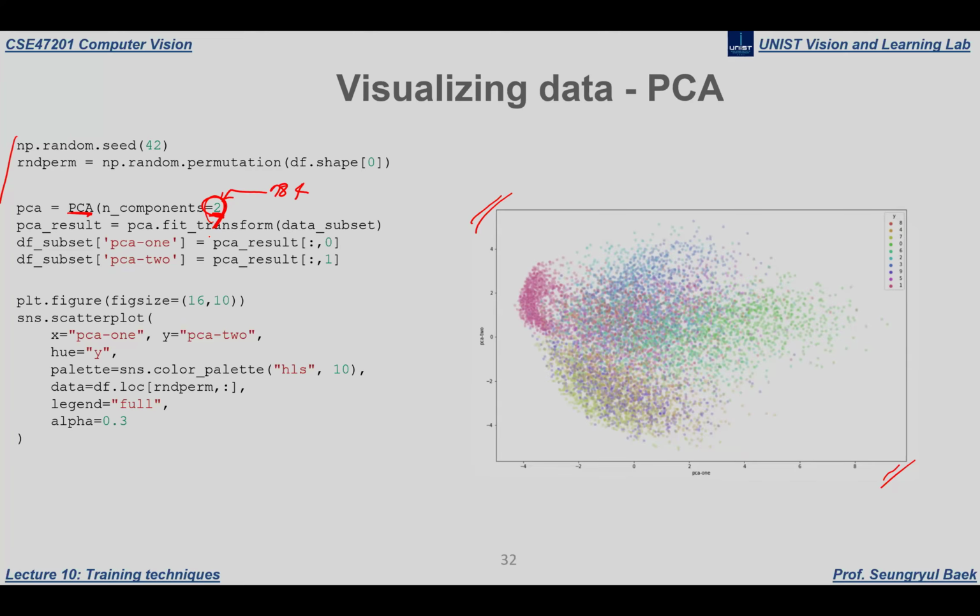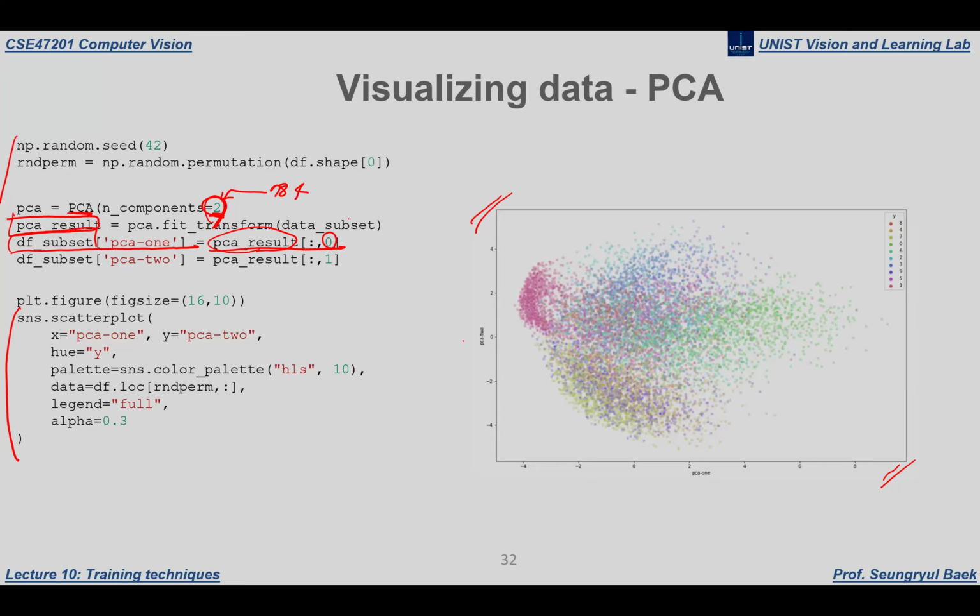And here is the graph visualization, df_subset. This is the PCA result, the 2-dimensional feature resulting from PCA.